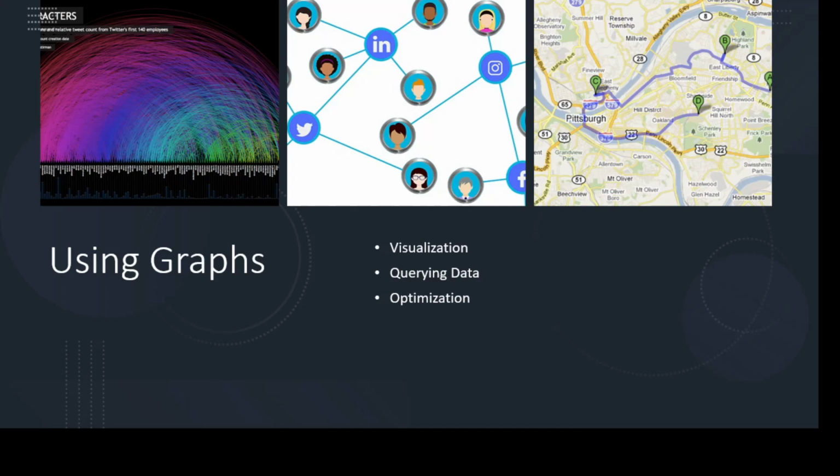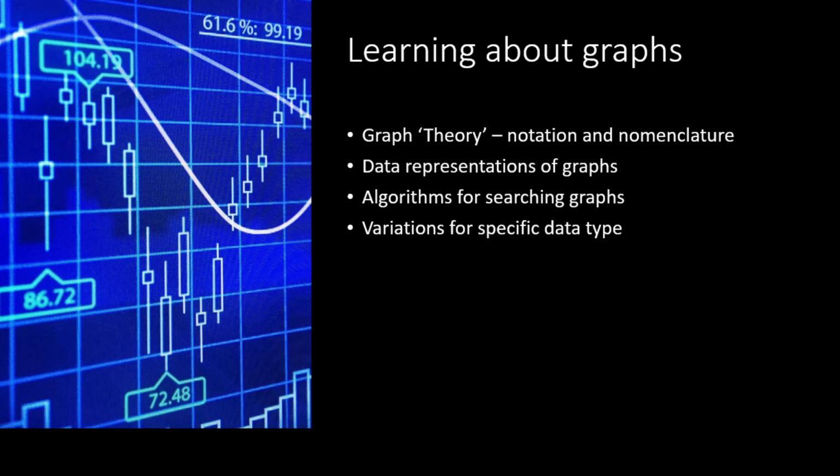So as we go through this next couple of sections and these videos and the exercises, we're going to start here with a little bit of graph, quote unquote, theory. Graph theory comes from mathematics, and a lot of the terminology in the books that talk about graphs will come from that mathematical terminology.